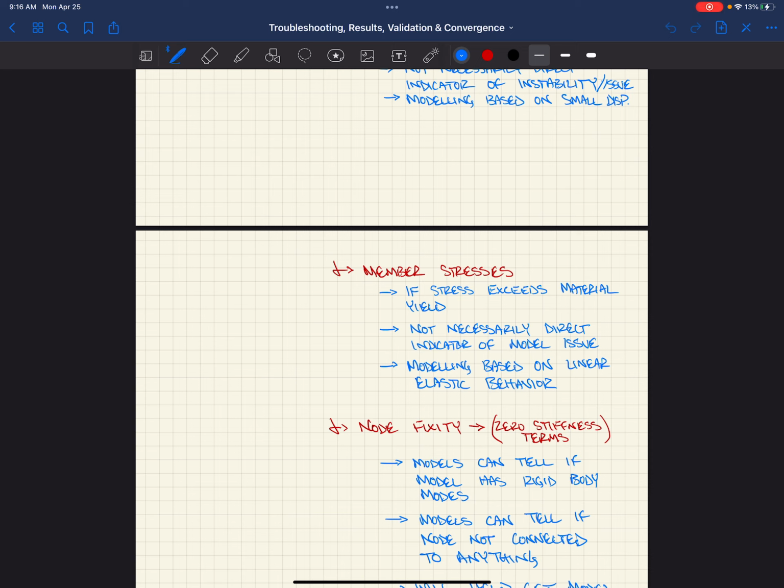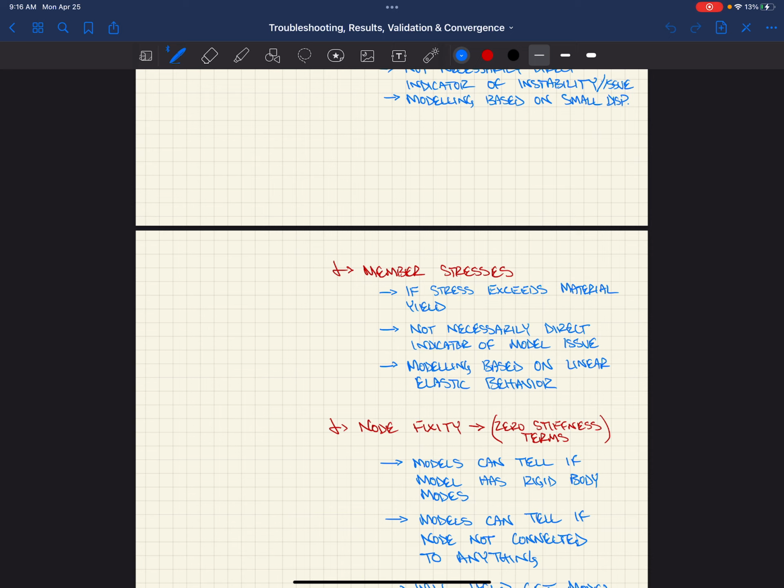If we picked A992 with a yield of 50 and all of a sudden the model says the stress in this member is 60, right? We're assuming a linear elastic model, and now we're in the non-linear portion of the stress strain response of this material. They want to let you know that, right? And so that's one thing with members.